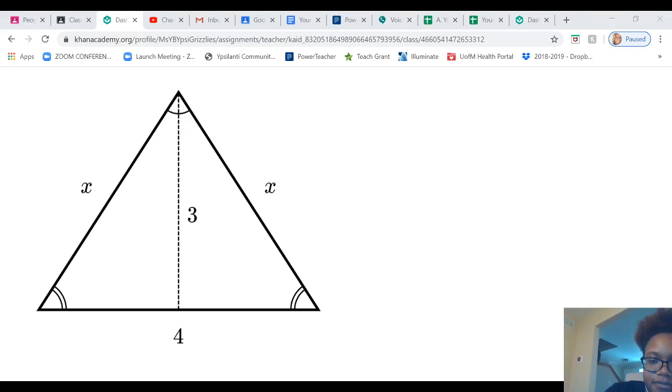So that is our C. C equals x. So now for our equation, we're going to have 2 squared plus 3 squared equals x squared. So that's 4 plus 9 equals x squared. 13 equals x squared. Take the square root. So the square root of 13 is our missing side, x.